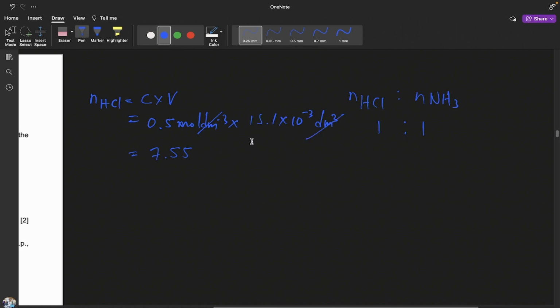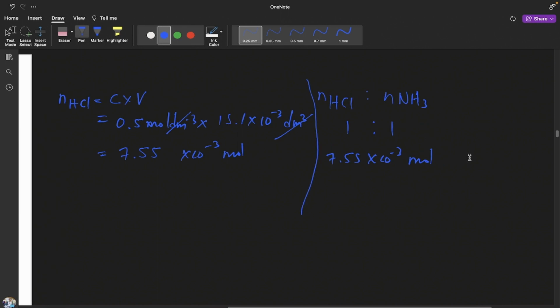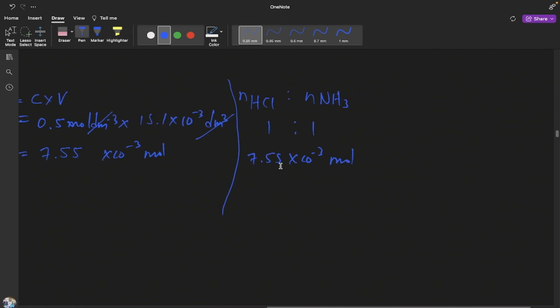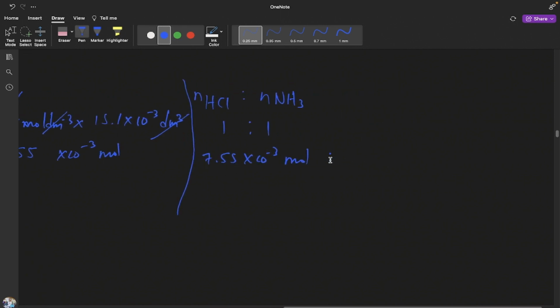So here it cancels, so 10 to the power of minus 3. Here the moles of HCl is 7.55 times 10 to the power of minus 3 mole. If this is 7.55 times 10 to the power of minus 3, then the moles of ammonia used is also 7.55 times 10 to the power of minus 3.